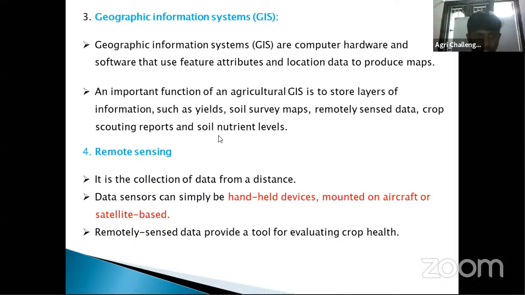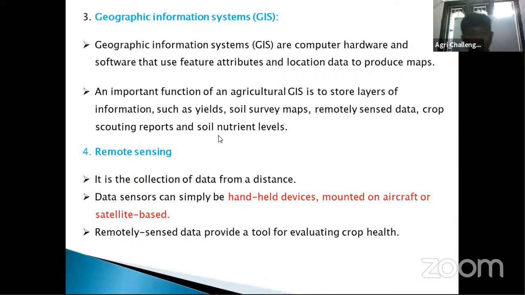The next one is remote sensing. It's another basic tool. It is the collection of data from a distance. Remote means your TV remote. You are operating your TV from some distance with the help of signaling. Like that, here also you are operating from a distance, from satellites.